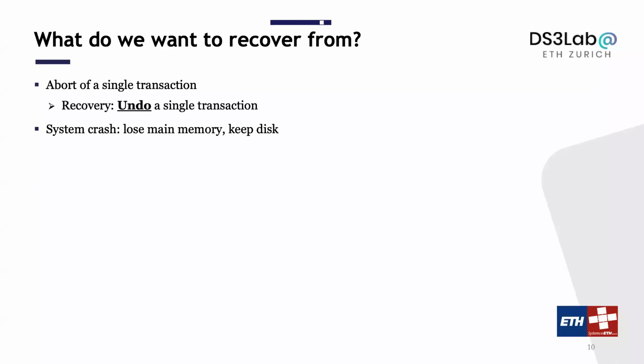Then there are system crashes. You could lose your main memory, someone pulls the plug, but your hard drive is still fine. In this case, when I recover my database, I need to redo all the committed transactions.